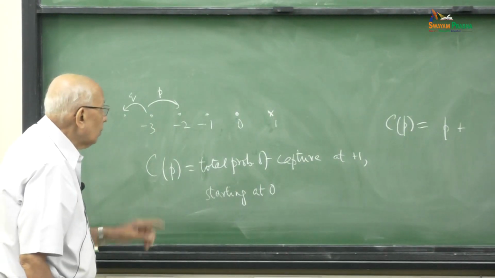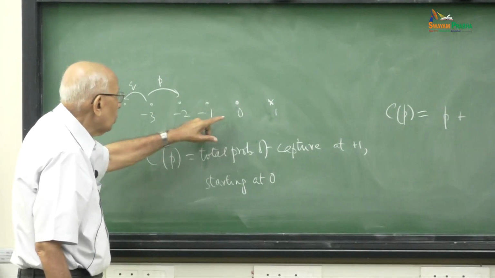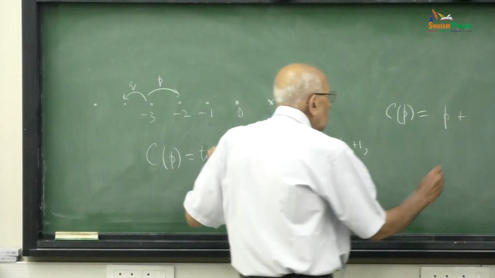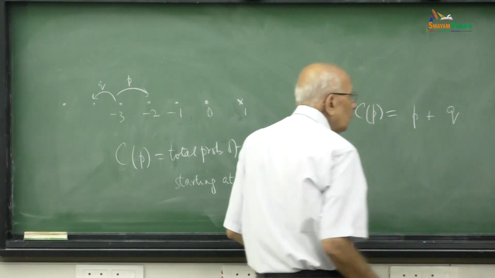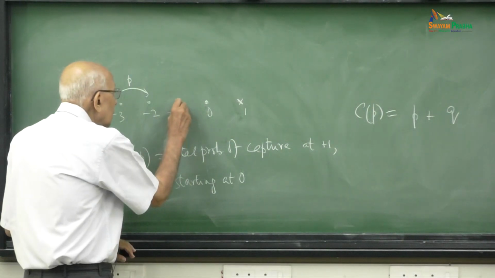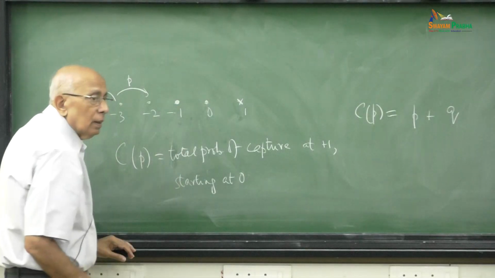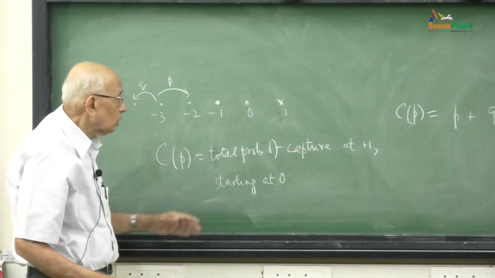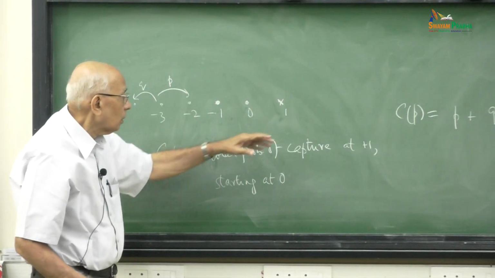But those would involve a first step where from 0 you go to -1, and the probability of that is Q. And then now you're at -1. And this is a Markov process. The past is forgotten. It's forgotten as to how you got here.